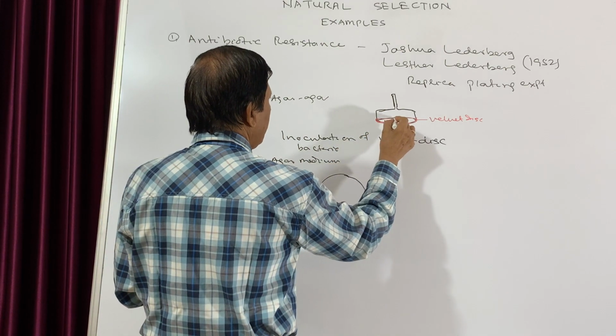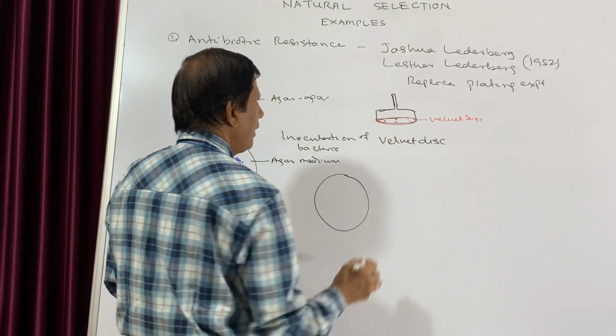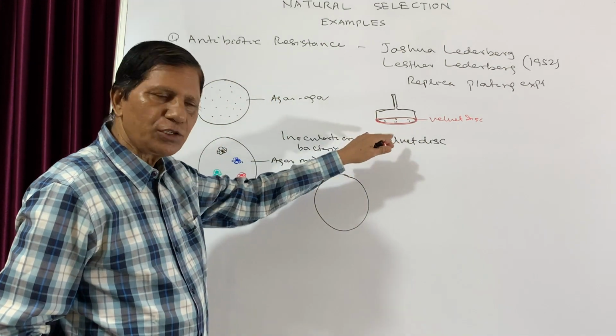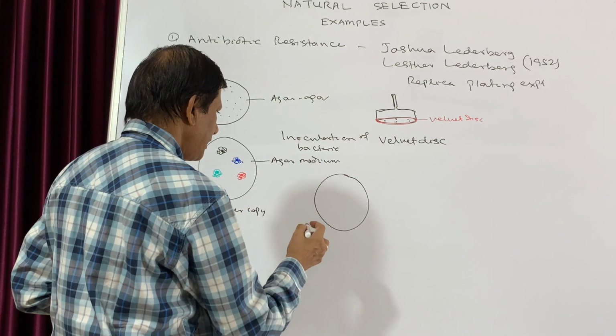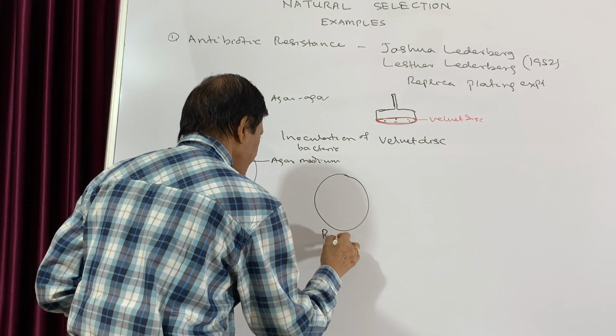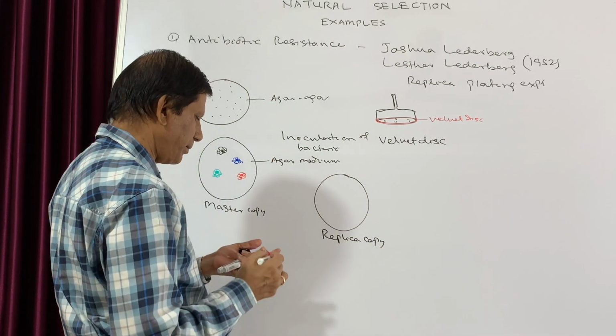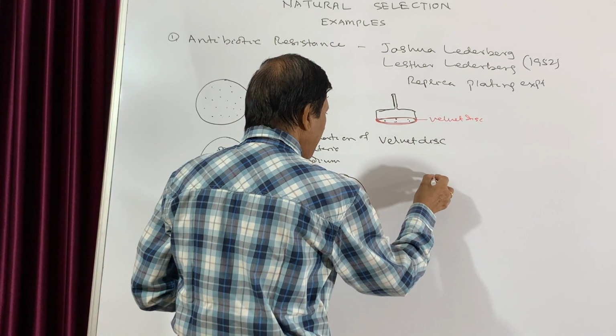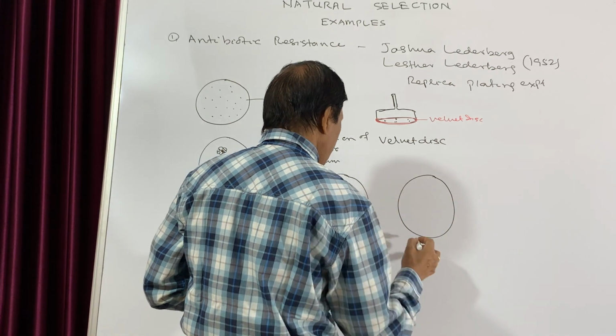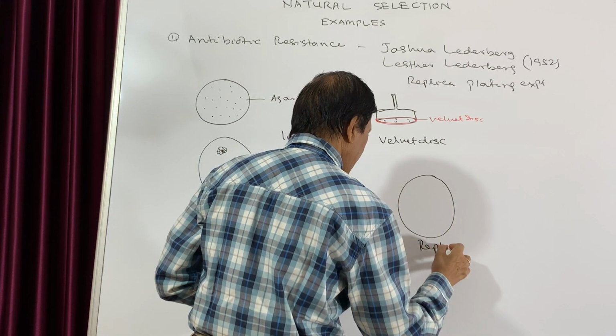Now when this velvet disc is put here, this is known as a replica copy. You can make several replica copies also. This is one replica copy and this is one replica copy.